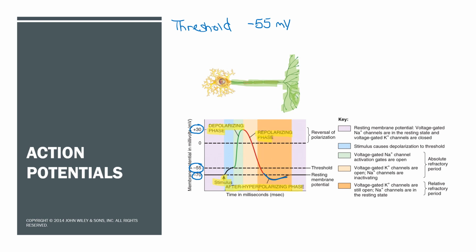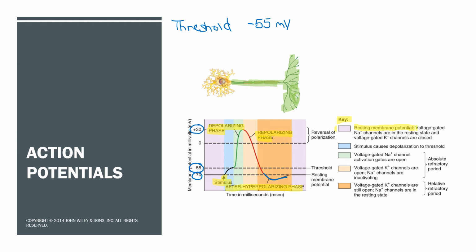Here on the right side of this figure, we have this key. This is a really great key to show what ion channels are open during each phase of the action potential. During the regular resting membrane potential, we have this purple color here at the beginning, and this is when all voltage-gated channels are closed.